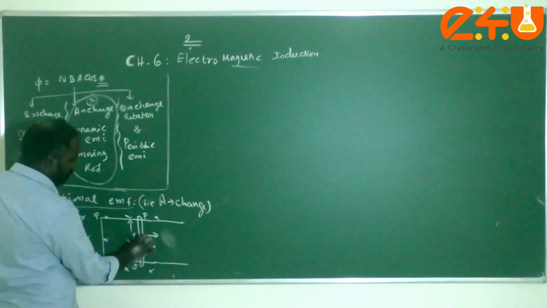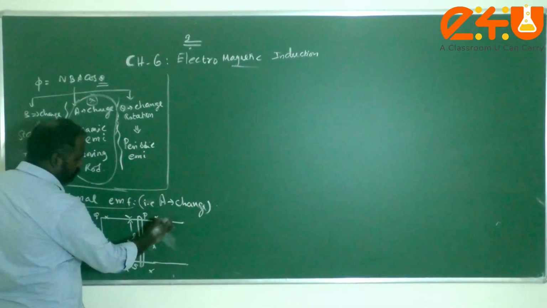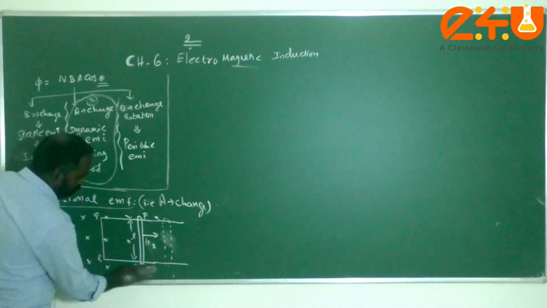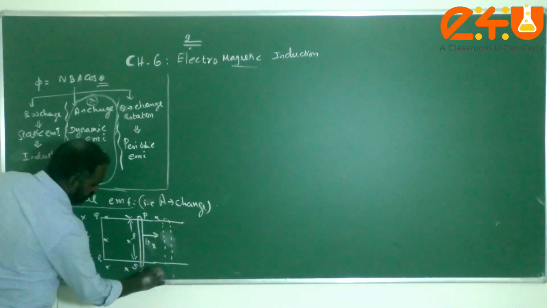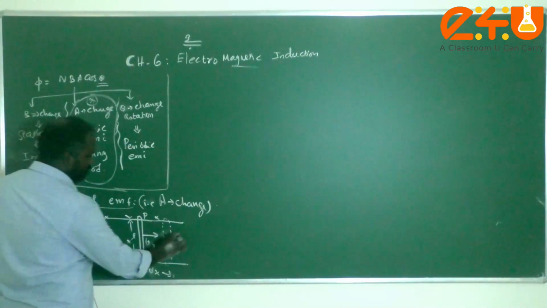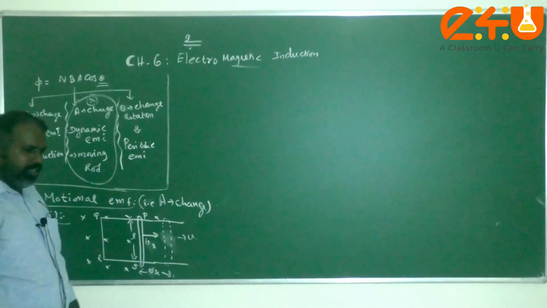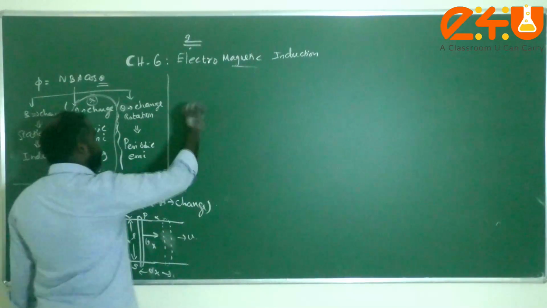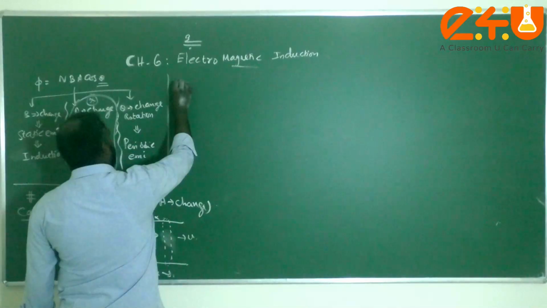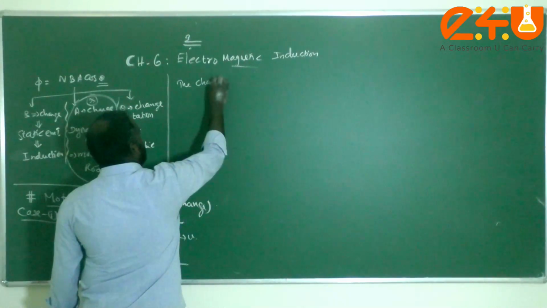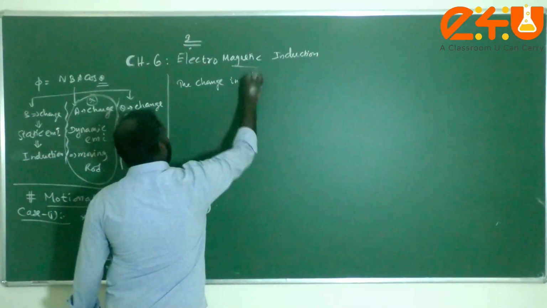So this is the direction of v. Now this movable conductor is shifted outward through a small distance dx within a time dt. So in this case, there is a change in area.